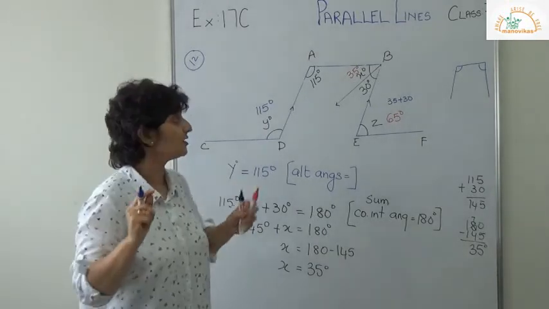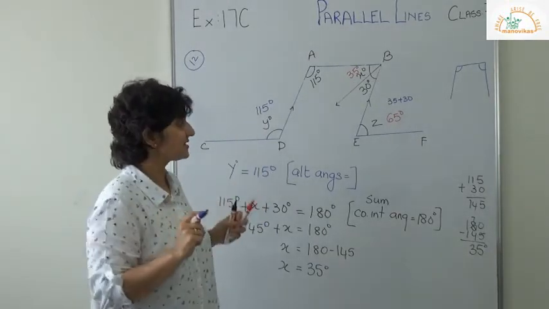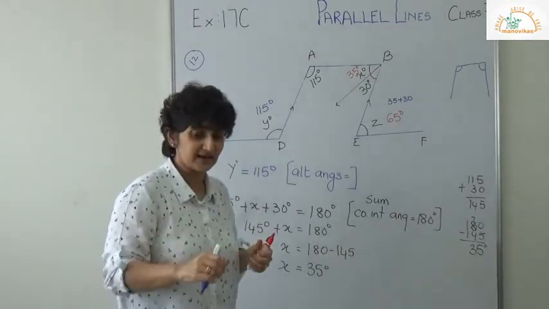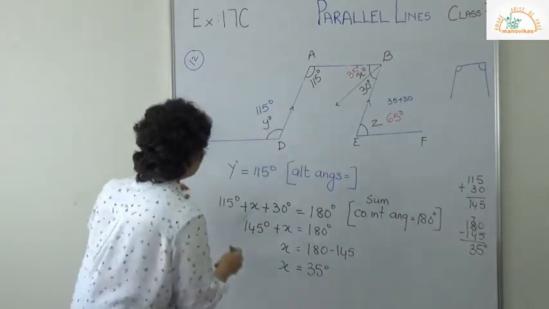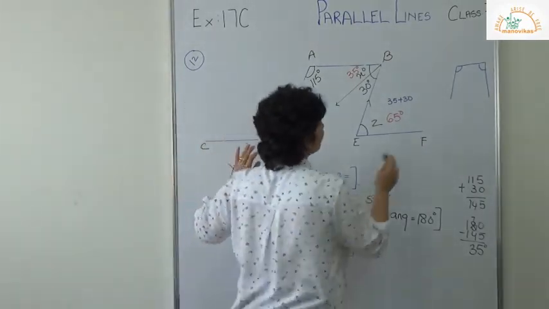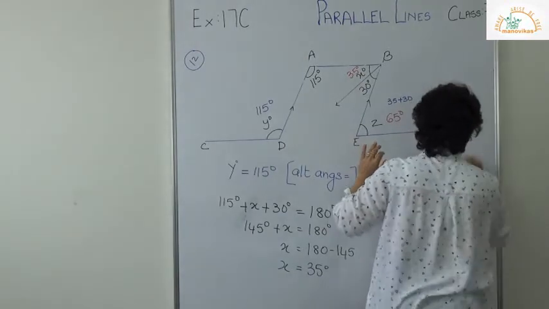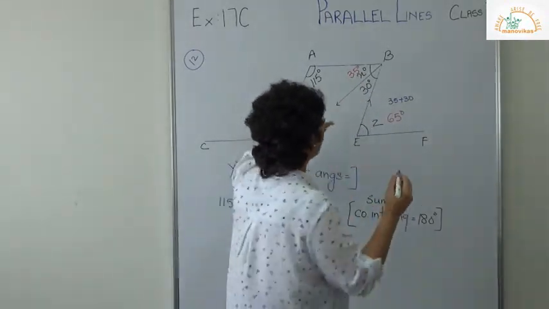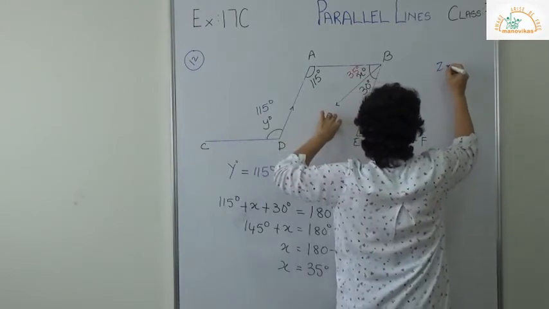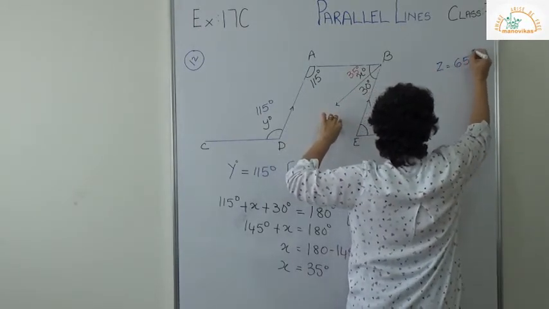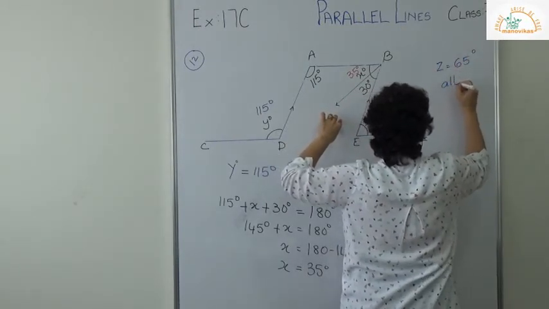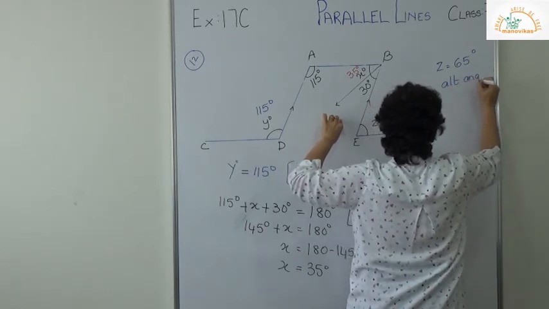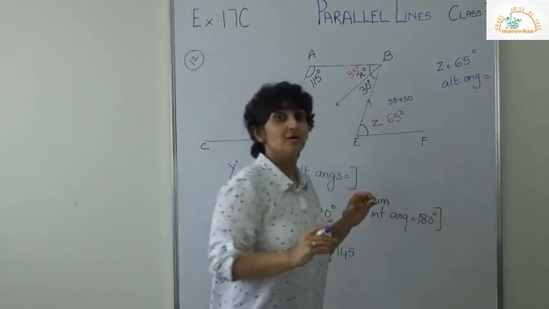So what is your reason? Alternate angles are equal, isn't it? You will write, there's no place here, let me bring it this side. You will write here, Z is equal to 65 degrees, alternate angles are equal.